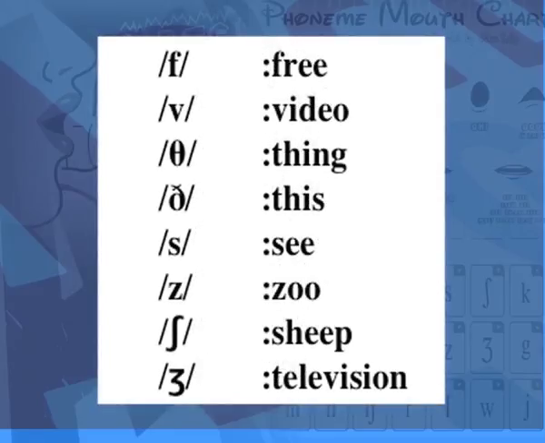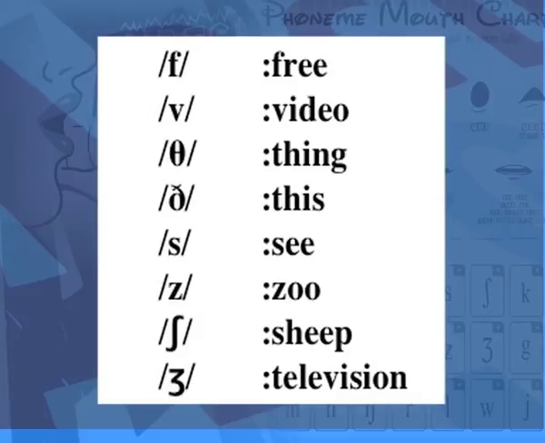And the sounds f, v, th, d, s, z, sh, j are pronounced as in the words free, video, thing, this, see, zoo, sheep, and television.